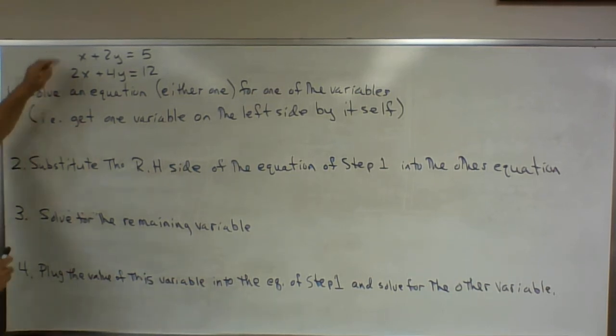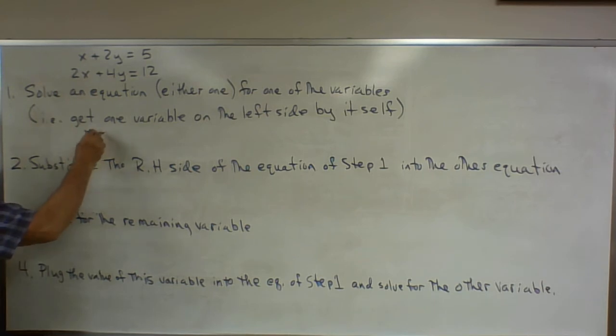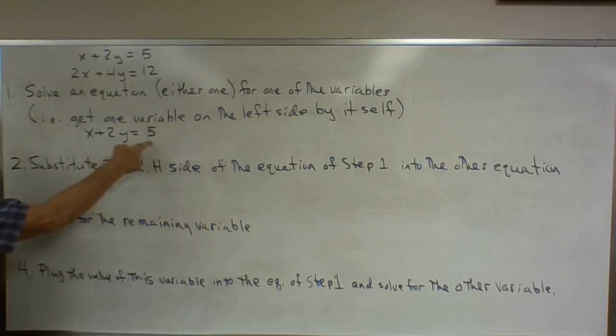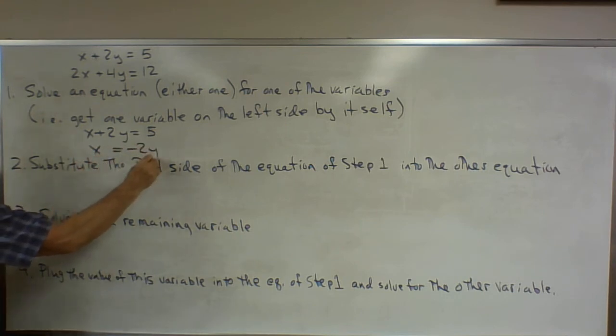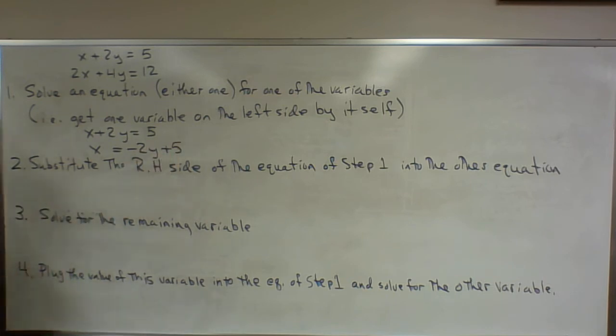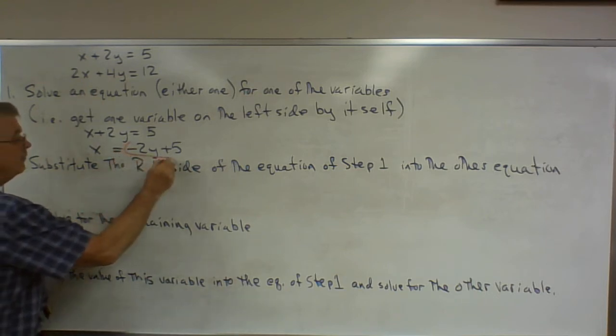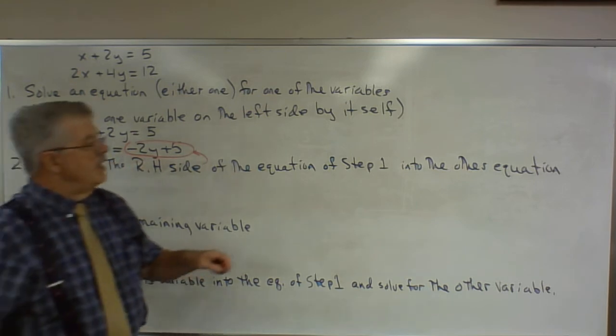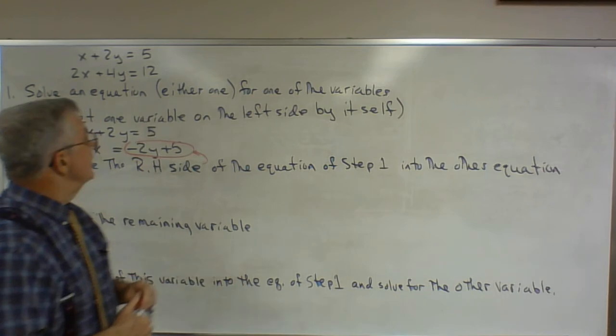So we'll take this equation and move the 2y to the other side. Subtract 2y from both sides. Bravo. Now, we take the right-hand side of this equation and substitute it into the other equation.